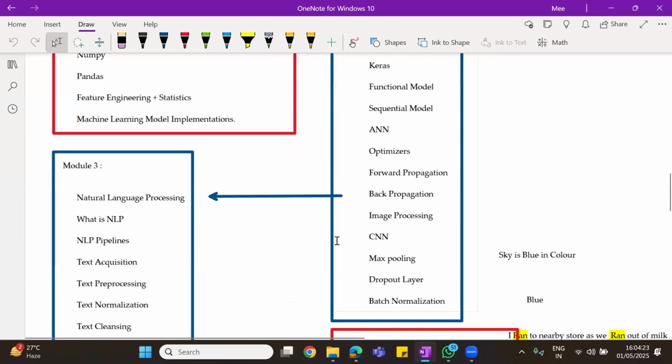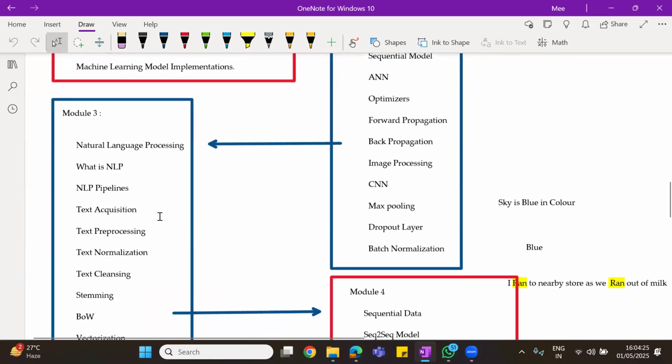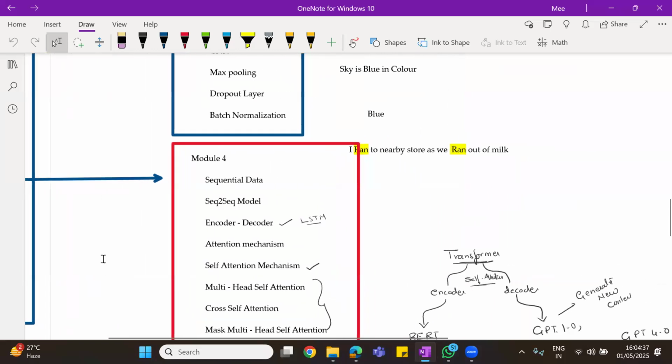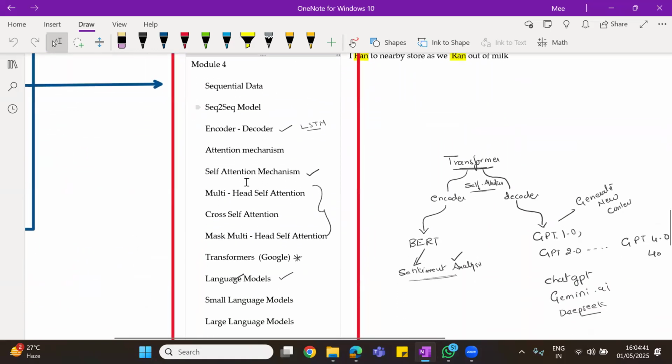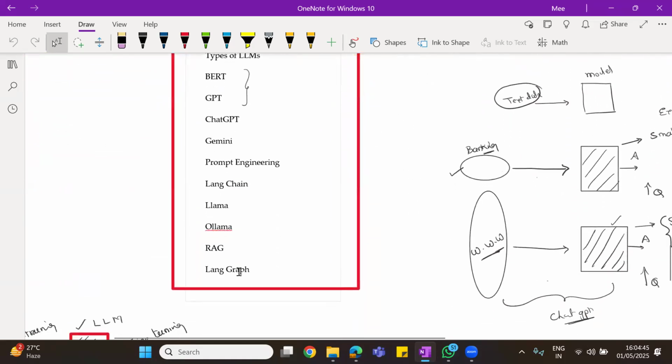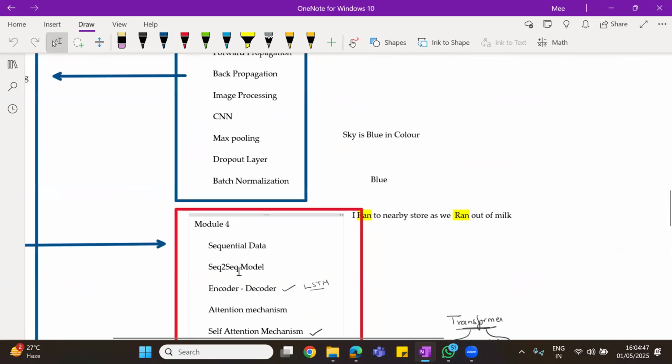The next one is module 3, natural language processing, where we will make the system understand human language. And module 4, where we are going to do the complete generative AI.